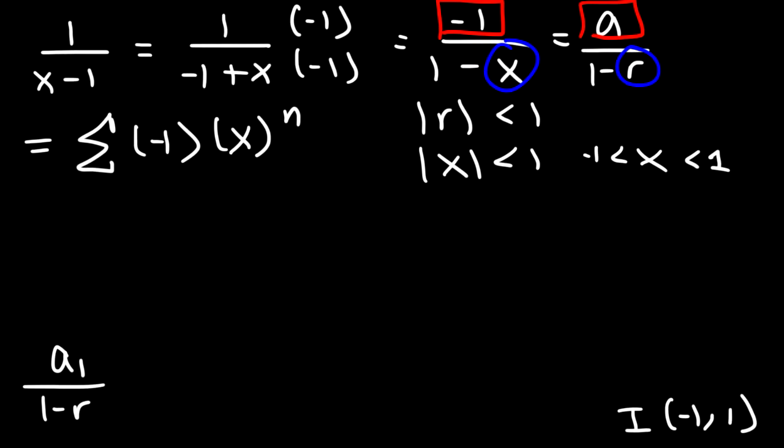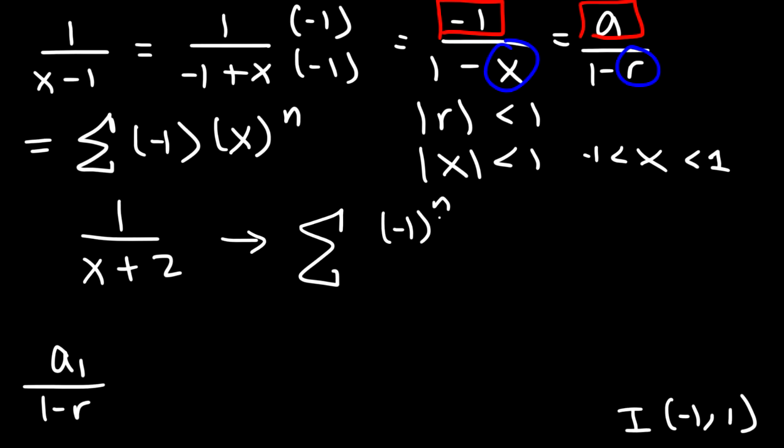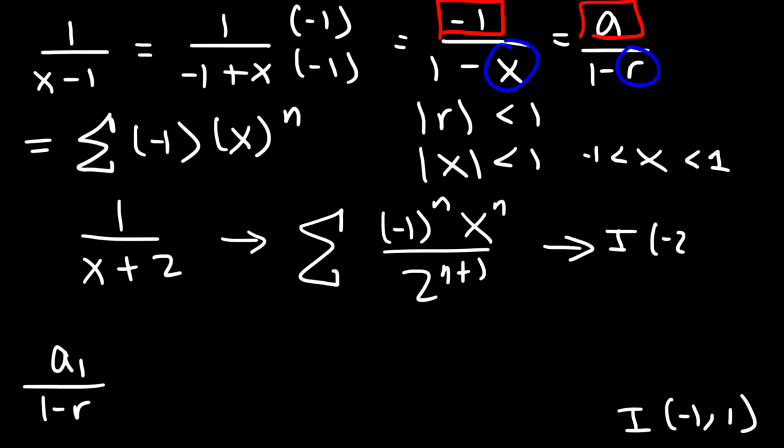Now for the other one, 1 over x plus 2, we did that in the last example before we multiplied it by x cubed. And so for that example, we had the series negative 1 to the n times x to the n over 2 to the n plus 1. So we don't need to redo this again. And the interval of convergence for this one, we found it to be negative 2 to 2.